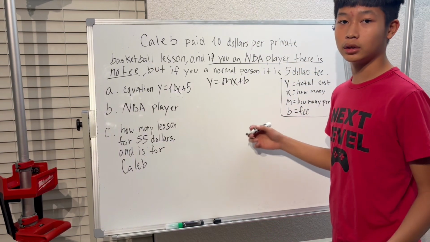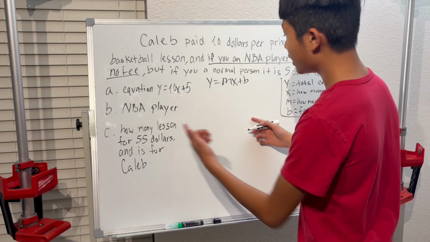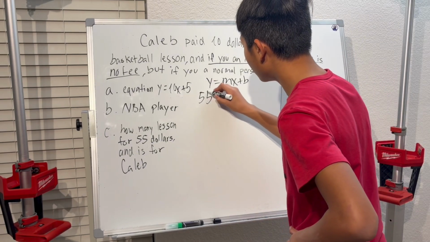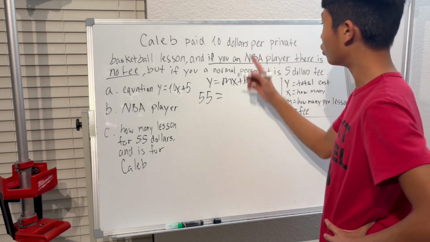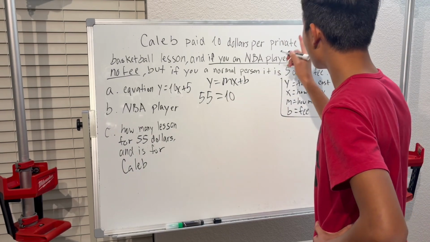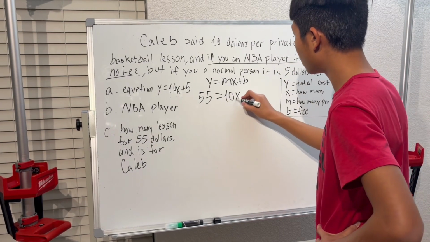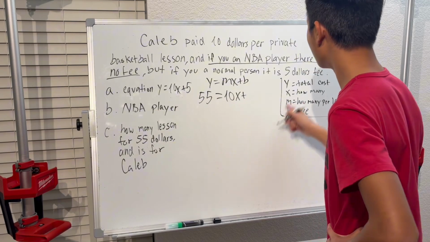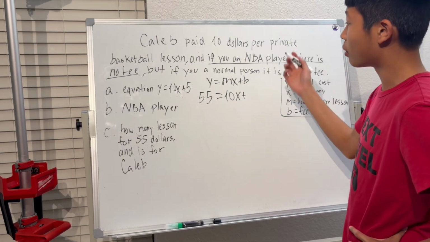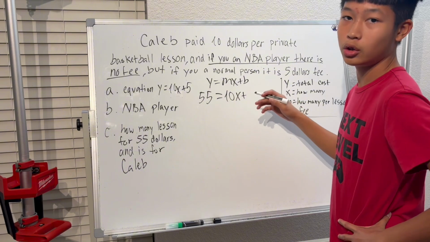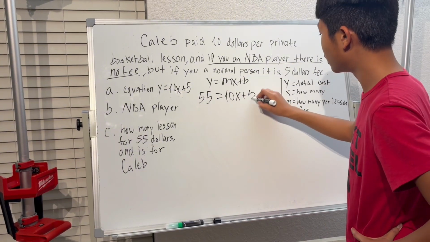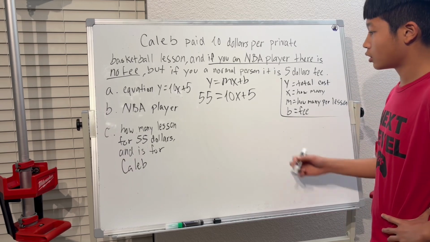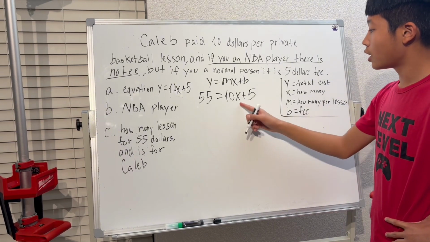Y is the total cost, which is how much he paid, so $55, for m, the slope, which is $10 per private lesson, times x. Then plus the b, which is the fee. If he's an NBA player, it's free, so no charge. But he's a normal person, so plus 5.